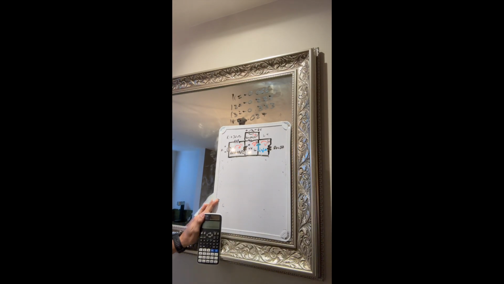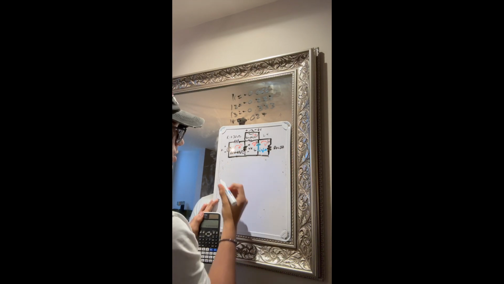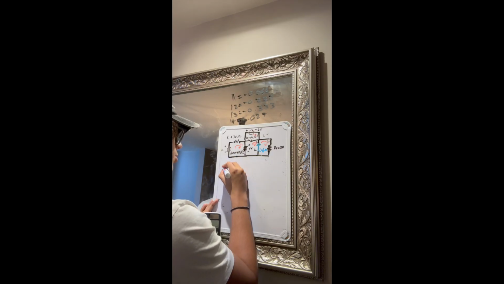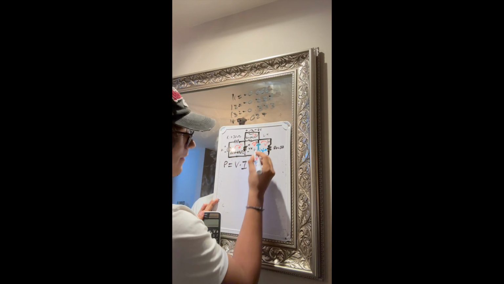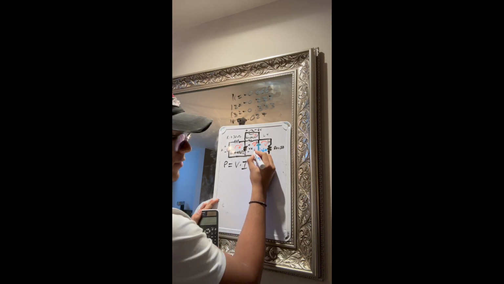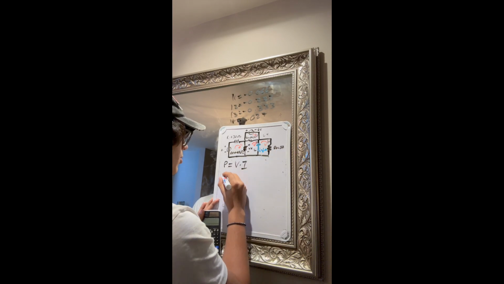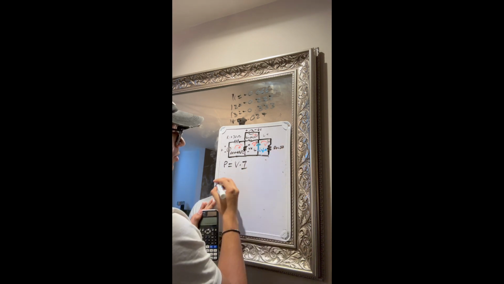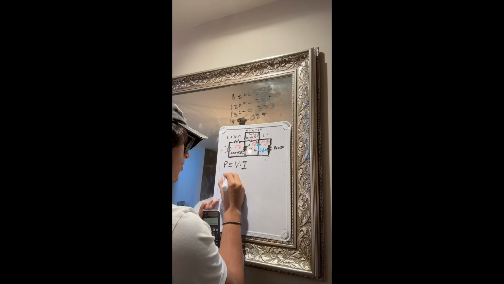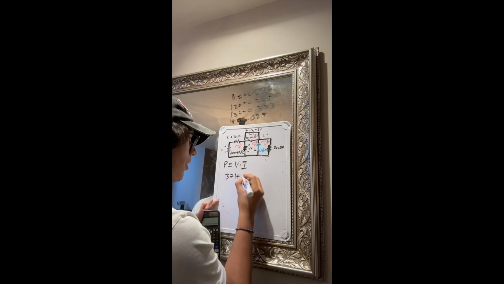Then we need to have the power of this current source, but as we know, power is equal to V times I. We have I, but we do not have V, so we have to define this as V0. We can solve V0 by analyzing loop 4. What we are going to do is that we have 37 I4.